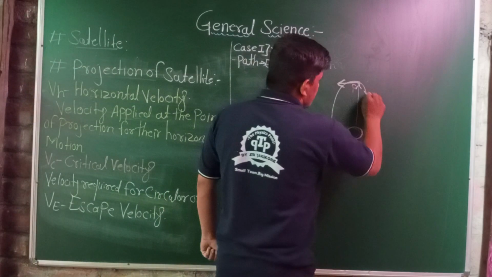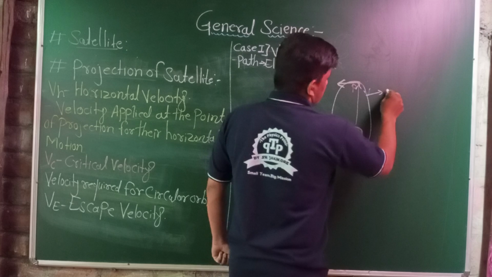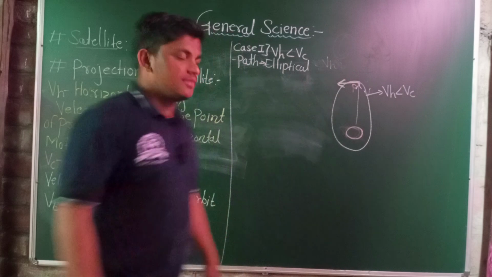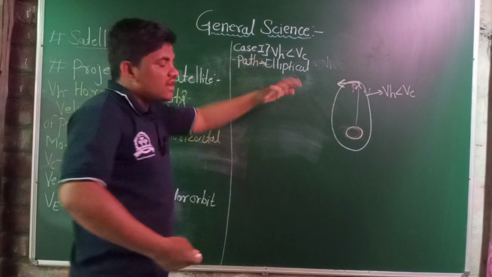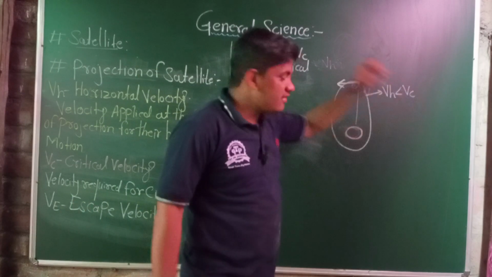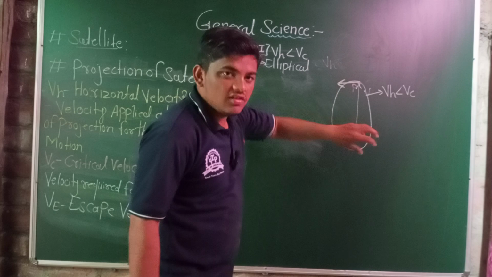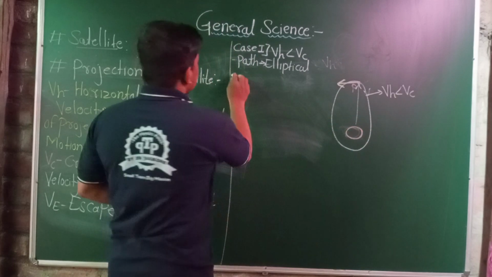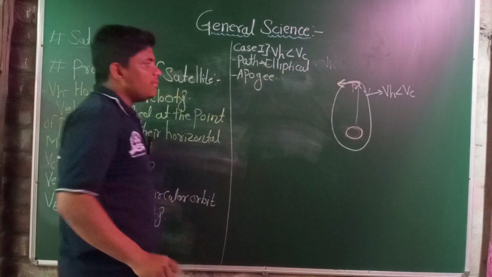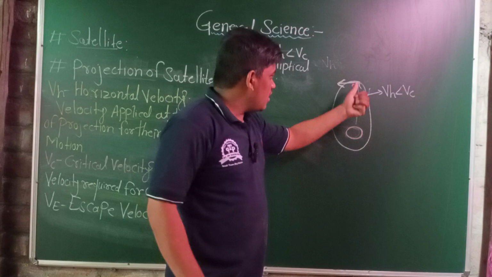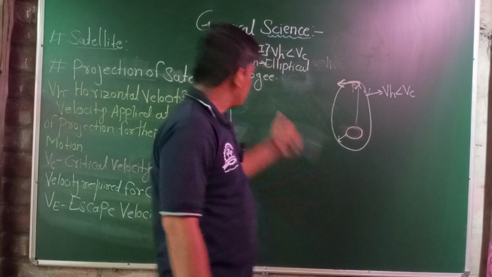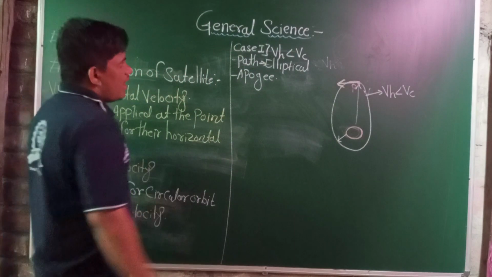Whenever Vh, the horizontal velocity, is less than the critical velocity, the object or rocket revolves in an elliptical orbit. The earth is situated at one of the foci. On the opposite side, the distance from the earth's surface is less, and this is the apogee. And this is the elliptical orbit.